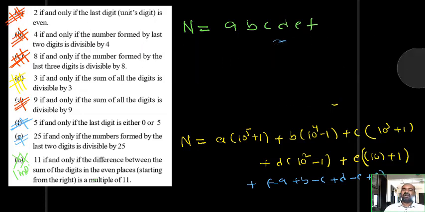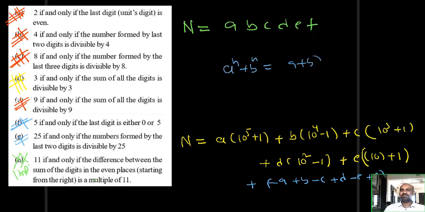Now I am deriving the rule for the divisibility rule of 11. That's why: a power n plus b power n is divisible by a plus b if n is odd. A power n minus b power n is divisible by a plus b if n is even.